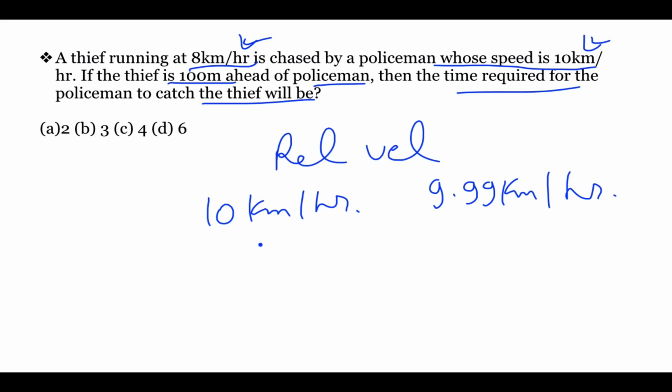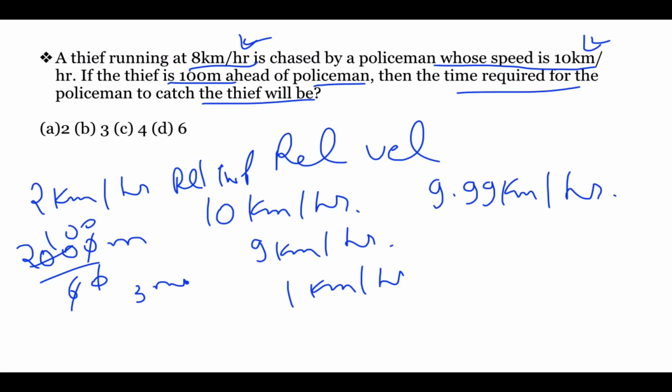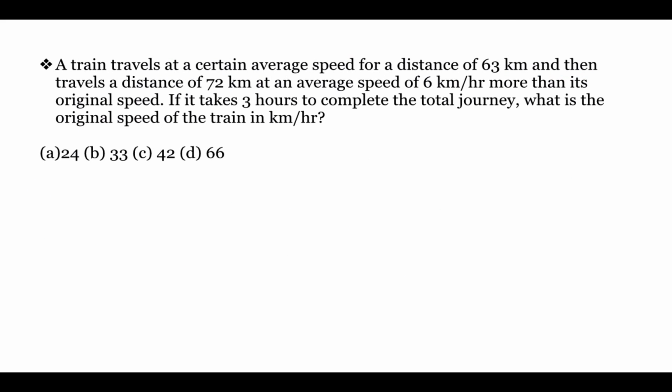If I am moving at 9, you will feel like I am going away at a speed of 1 km per hour. Here the policeman is running faster, at a rate of 2 km per hour relative to the thief's velocity. Since he covers 2000 meters in 60 minutes, he will cover 100 meters in 3 minutes. So the answer is 3 minutes. Very, very simple question, there is not much logic in it.